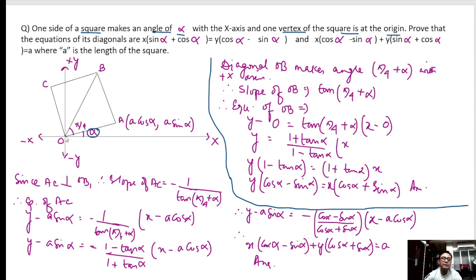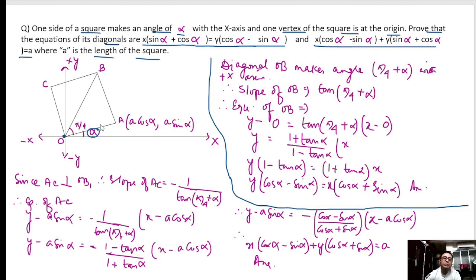So this vertex is at the origin. Clear? Prove that the equation of the diagonals are this and this, where A is the length of the side of the square. Okay, the side of the square is given as A.